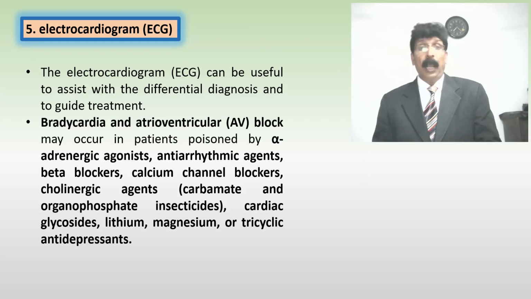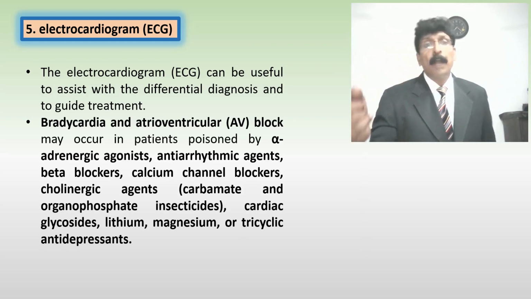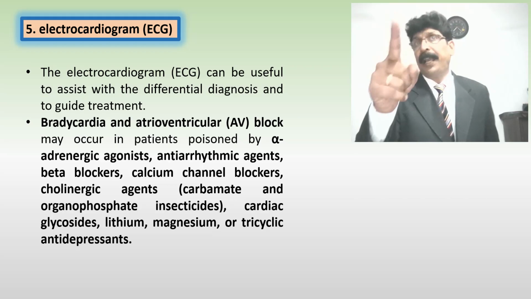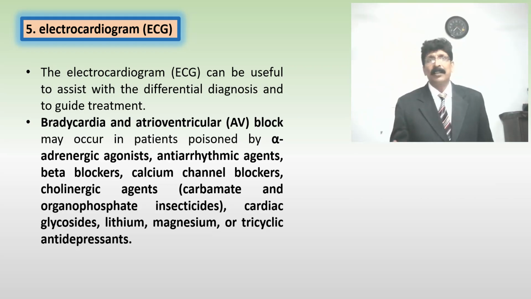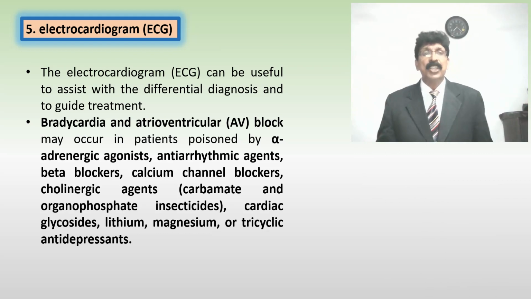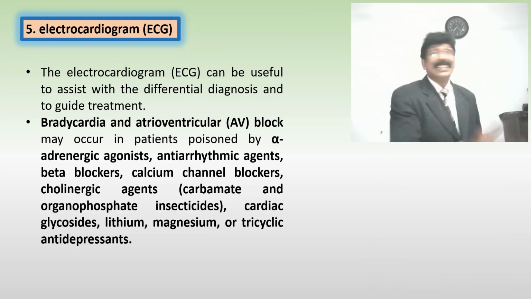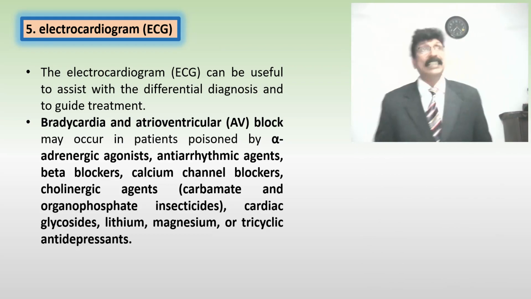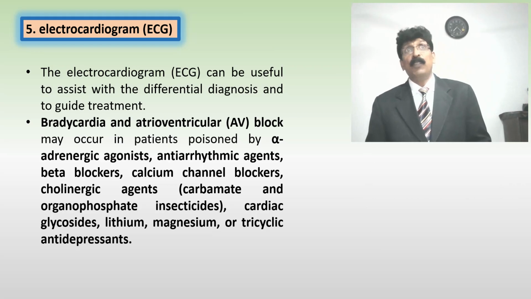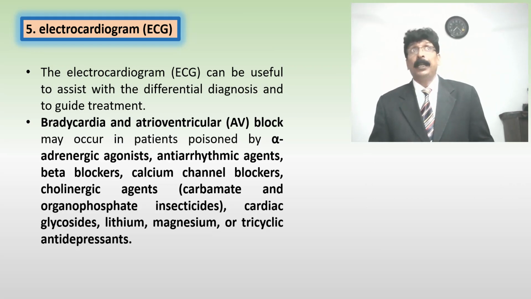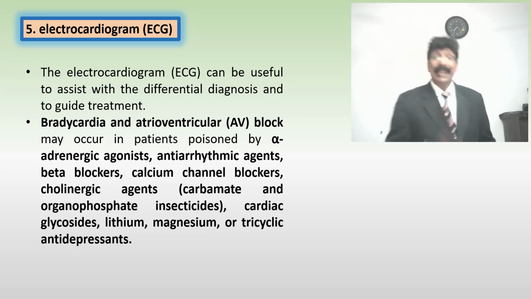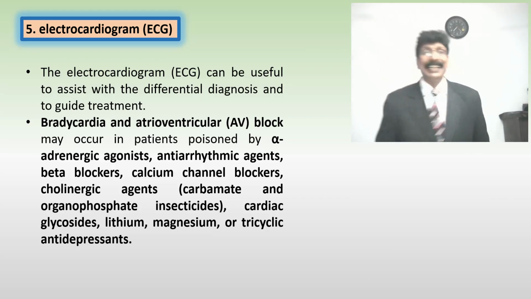Bradycardia and atrioventricular block can occur in patients poisoned by alpha-adrenergic agonists or antiarrhythmic agents, beta blockers, calcium channel blockers, even cholinergic agents like carbamate and organophosphate insecticides, which cause irreversible damage to the cholinesterase enzyme, and cardiac glycosides, lithium, magnesium or tricyclic antidepressants.